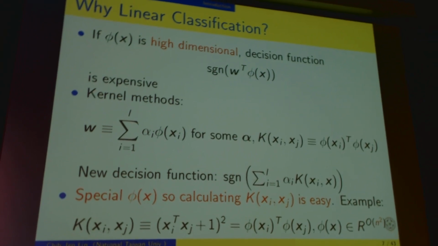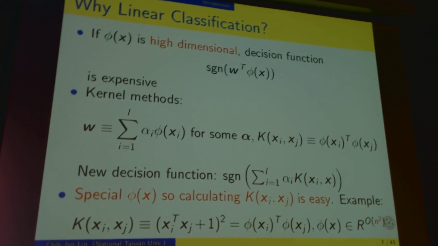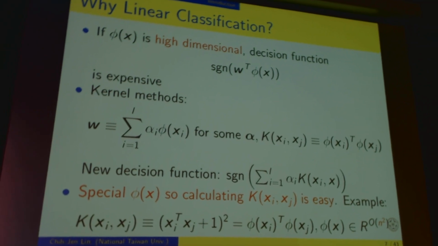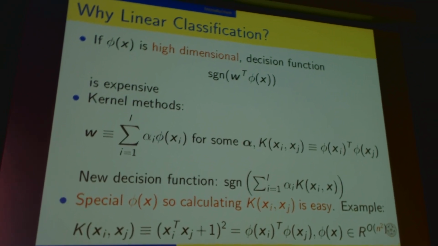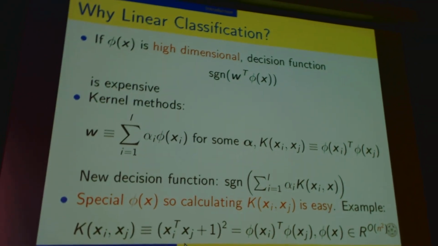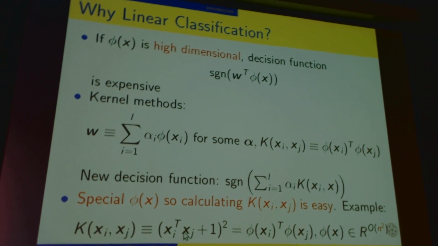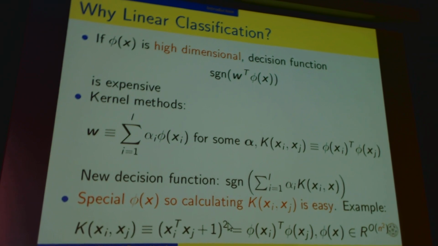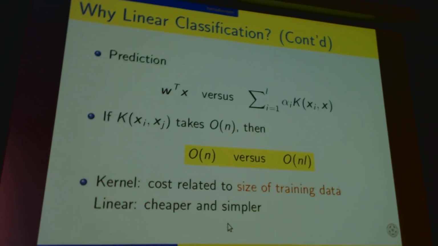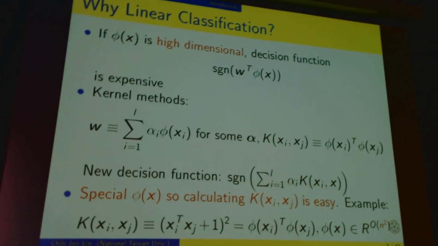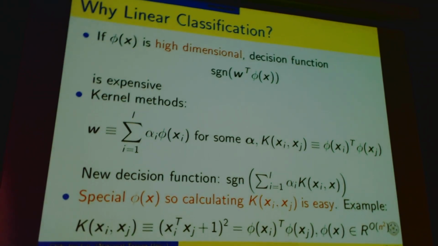That means originally you have n features, but now you have mapped the data to an n squared dimensional space. However, with this kernel, you can still do the inner product in the original space and then take the square. So this is the kernel trick.